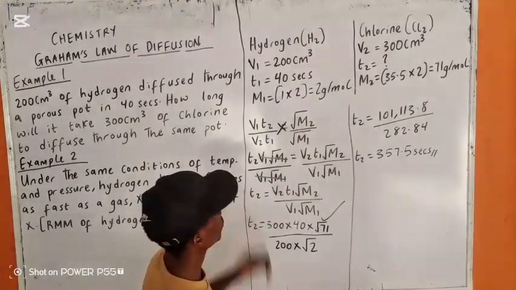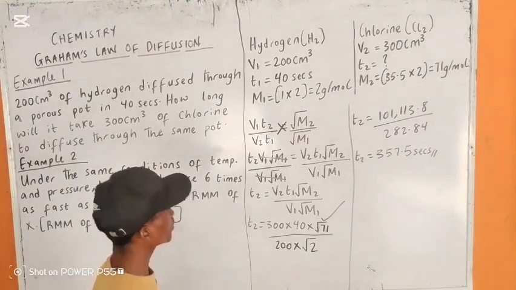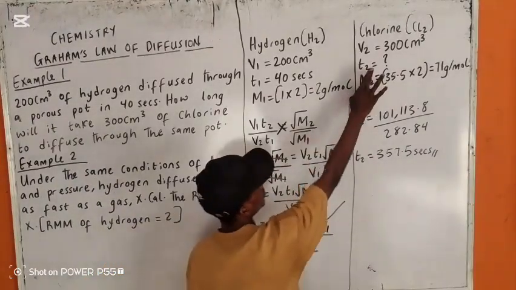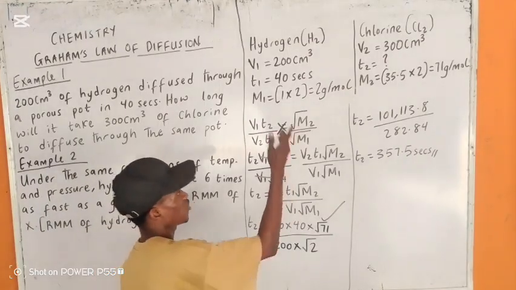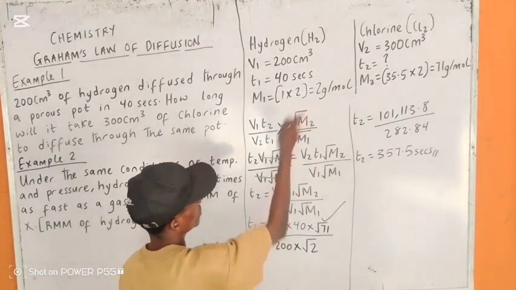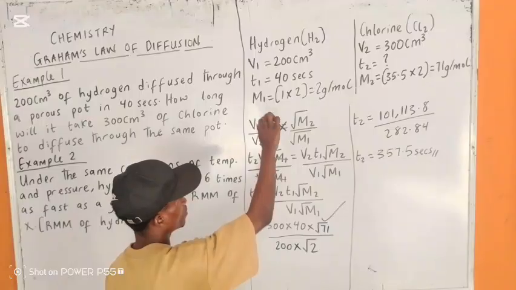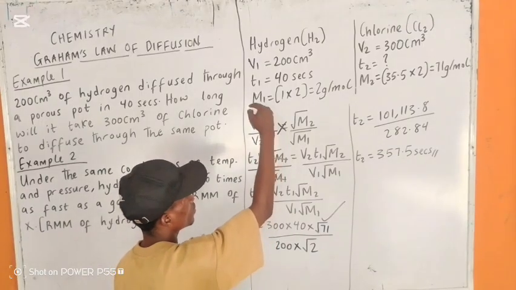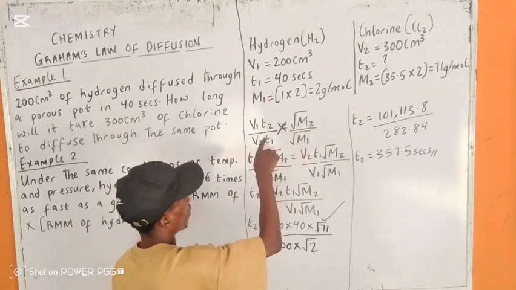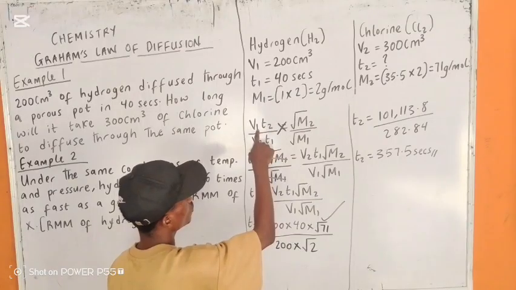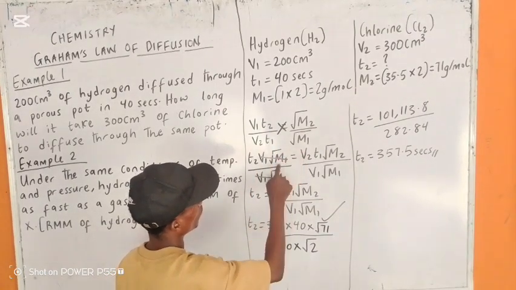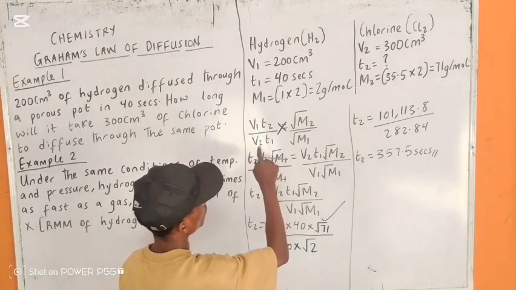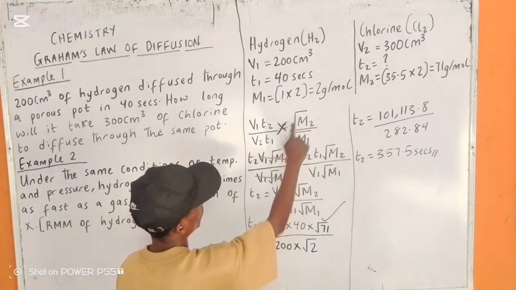I first of all make T2 the subject of the formula by first of all cross multiplying. So when I cross multiply, I have T2 V1 multiplied by square root of M1 equals V2 T1 multiplied by square root of M2.